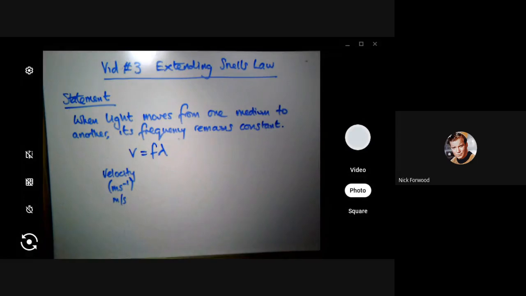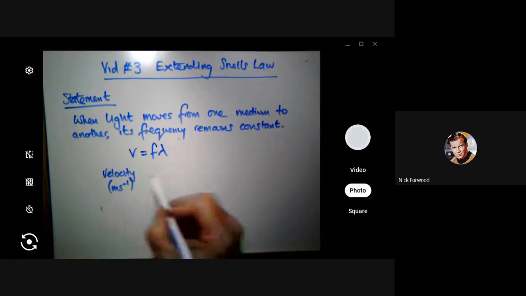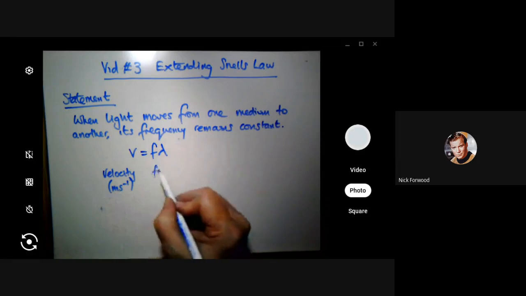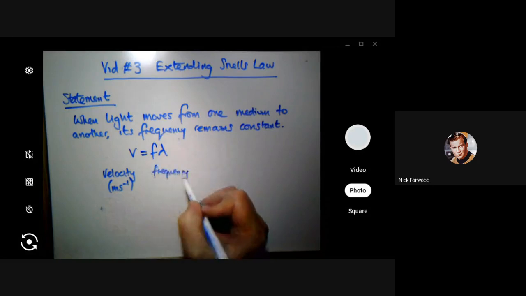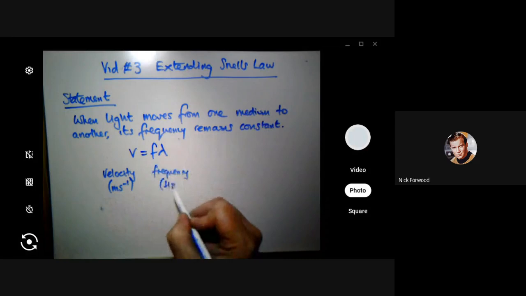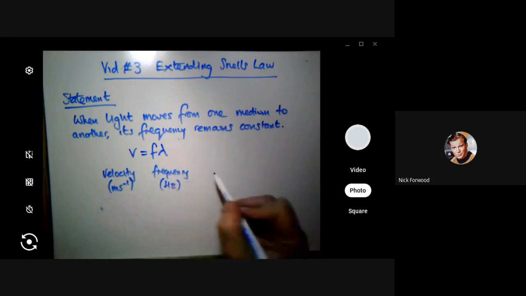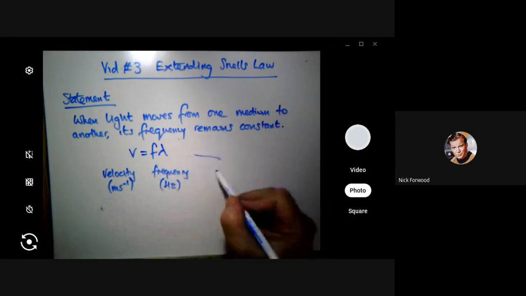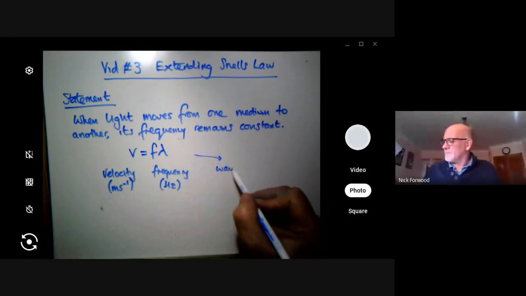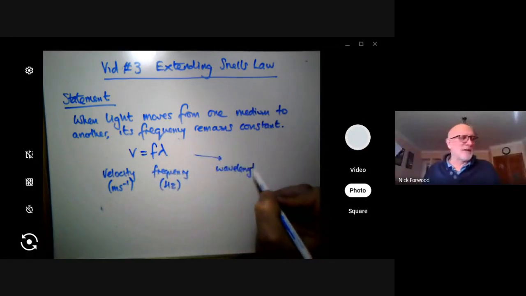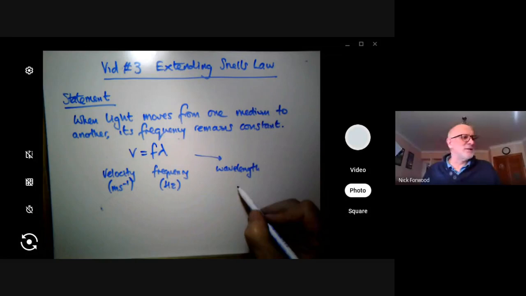We have got frequency here, which is in hertz, and wavelength lambda over here, which is in meters.